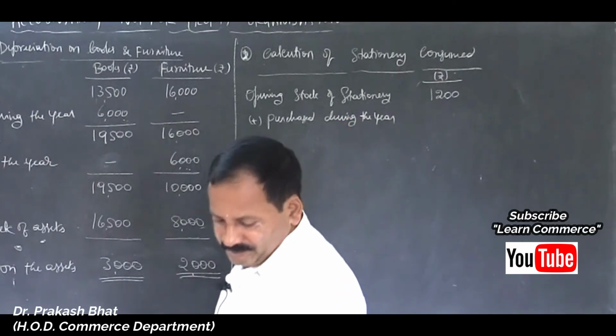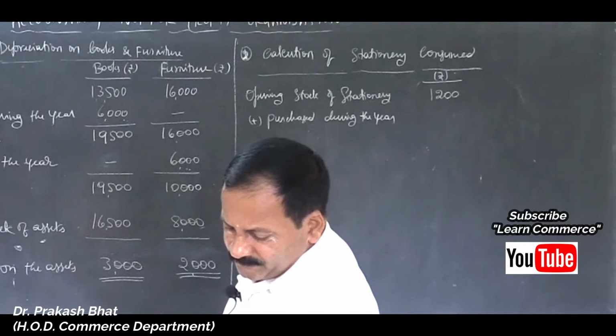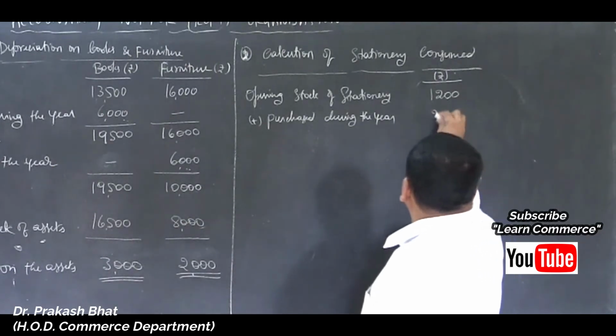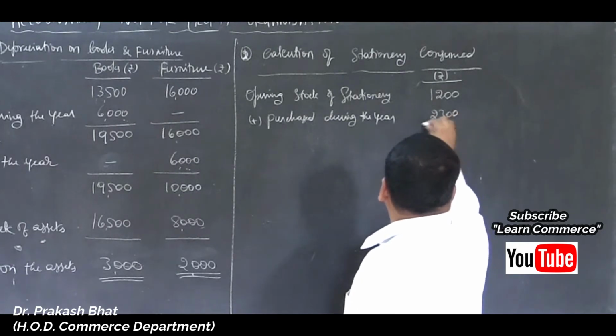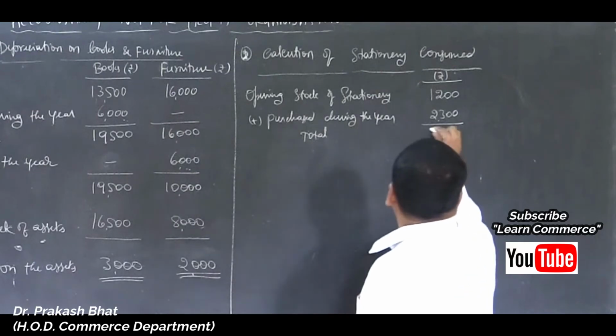How much? Refer payment side. Stationery 2300, right? Total, how much? 3500.